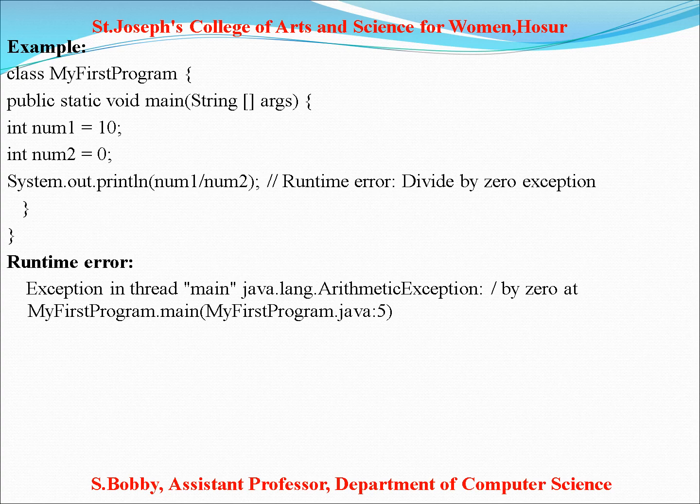After the program runs, the runtime error occurs: Exception in thread main java.lang.ArithmeticException: divide by zero at MyFirstProgram.main, MyFirstProgram.java.